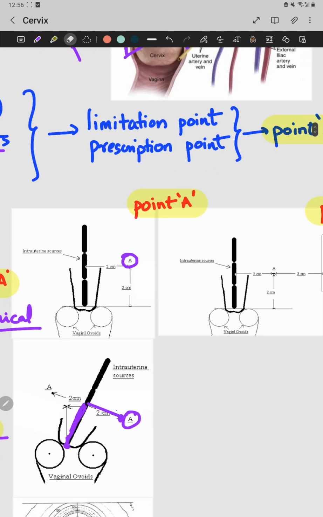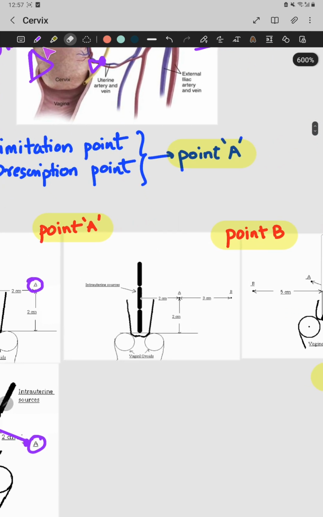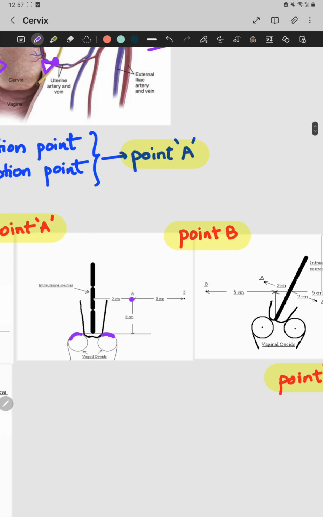That was the modified point A. Now point B is also there. So this was point A, right? Point A is 2 centimeters above and lateral to the lateral fornix mucous membrane. Point B is 3 centimeters lateral to point A, but point B is with respect to the midline of the body.